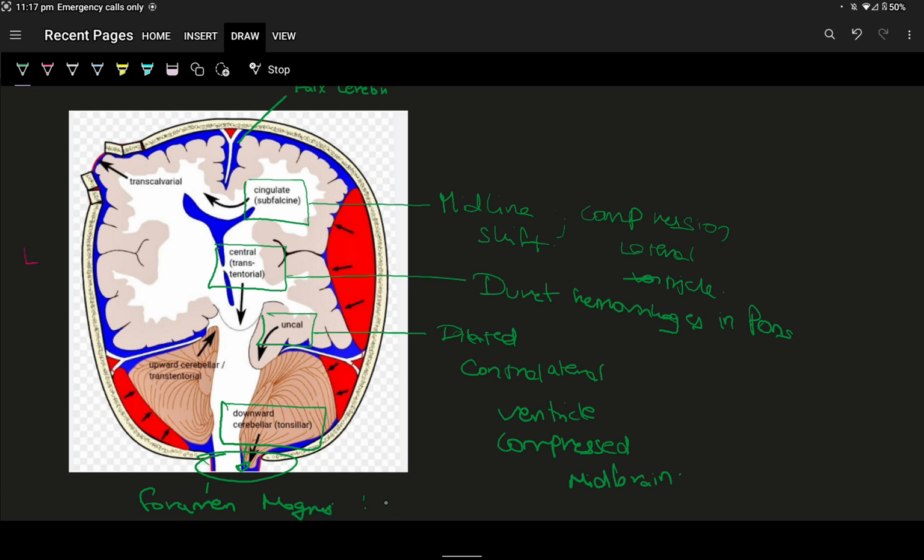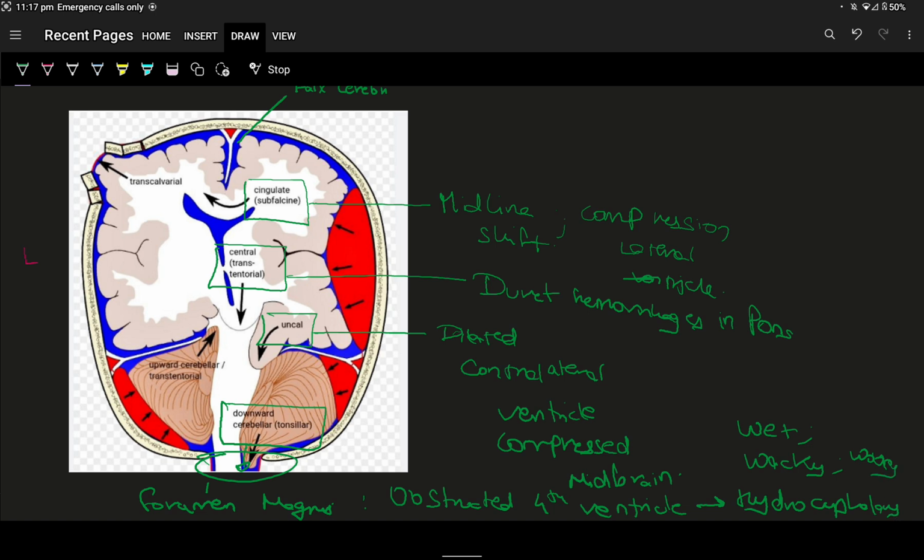It usually presents as an obstructed fourth ventricle on CT, leading to hydrocephalus, and the classic finding for hydrocephalus is wet, wacky and wobbly.